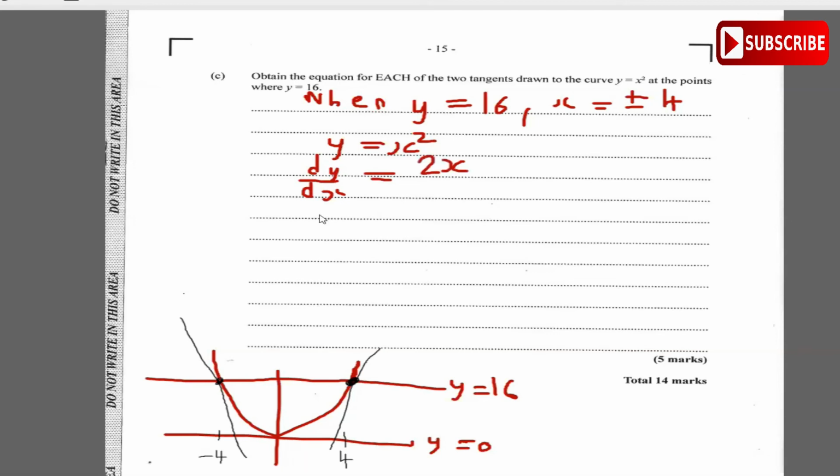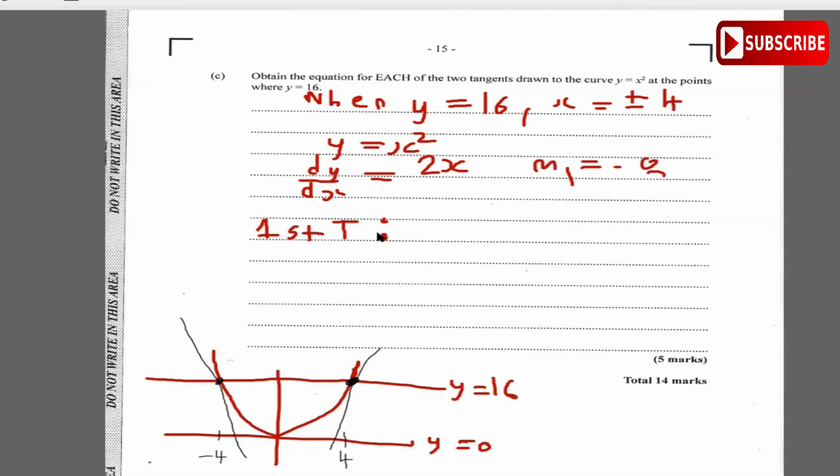All right, so let's find the equation of the first tangent. First thing I need is the gradient of the first tangent, so I'm going to call it m1. When x is -4, the gradient is -8.